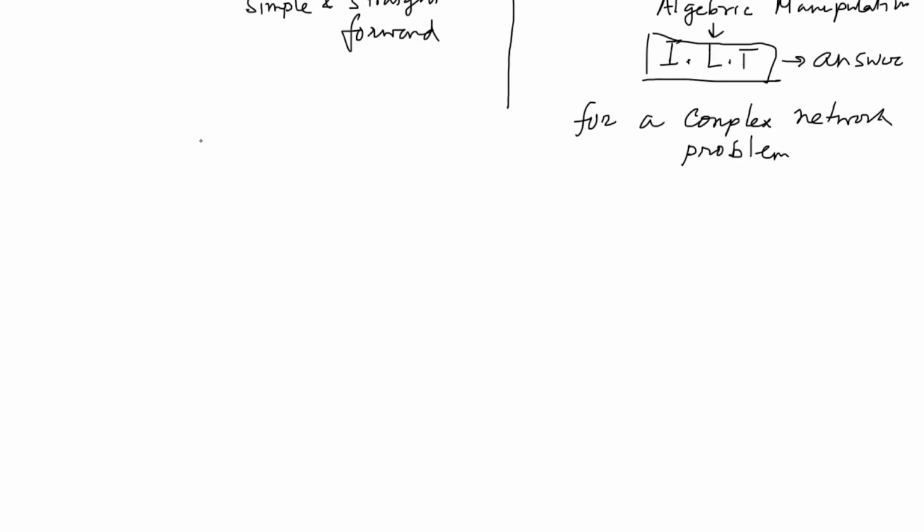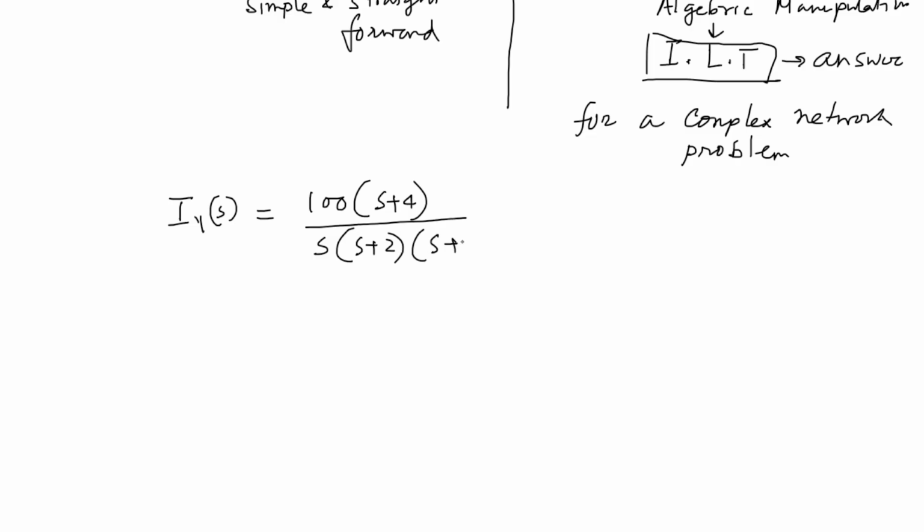So we have I1s equal to 100 into s plus 4 over s into s plus 2 into s plus 6.